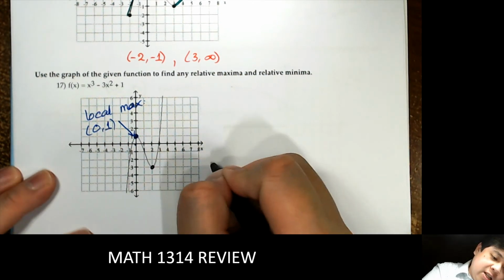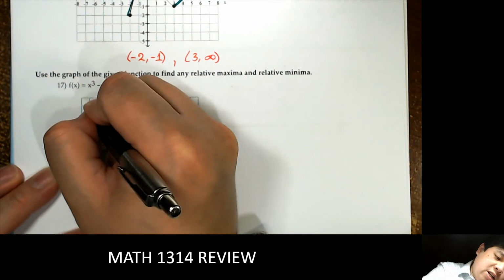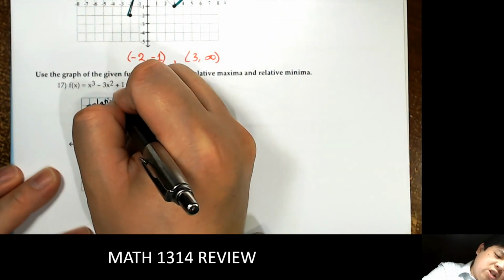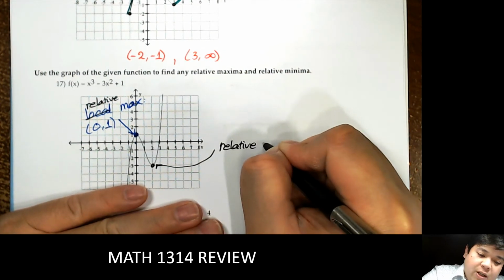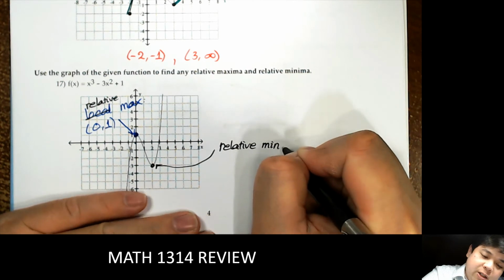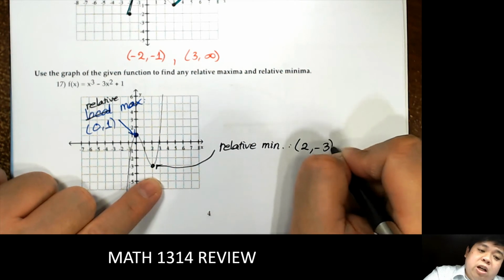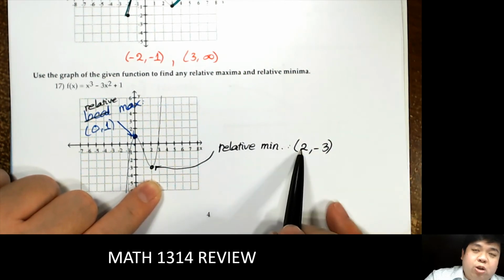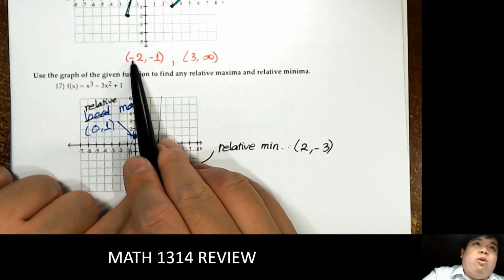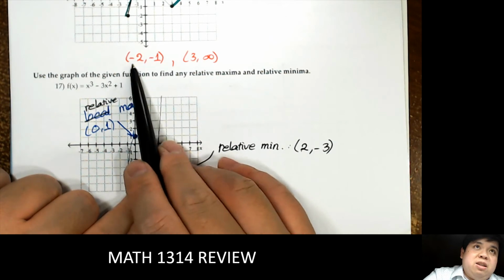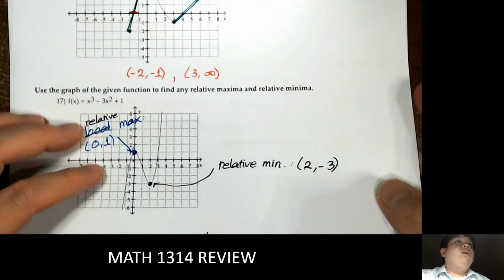And this is the min, I should say relative, which is the same as local. So relative min, x equal to 2 and y equal to -3. So this will give the point x equal to 2, y equal to -3. Right.